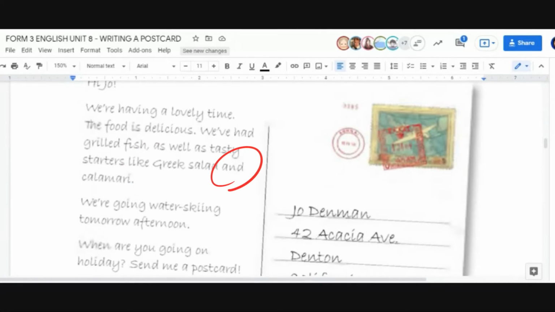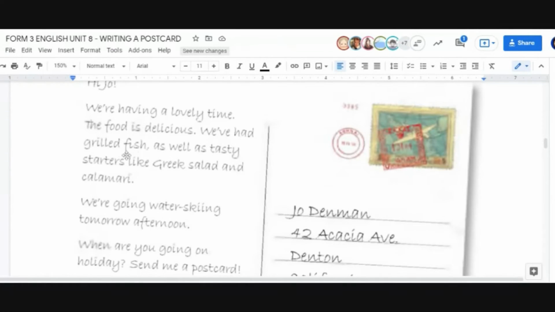One more. And. Okay, correct. As well as, like, and. Okay, so actually, in fact, he used all these 3 linking words in the same sentence.